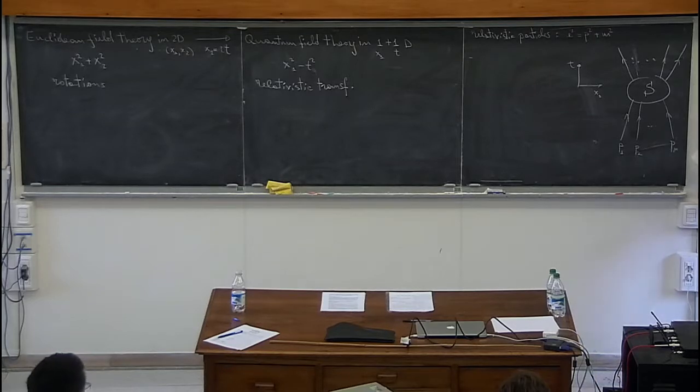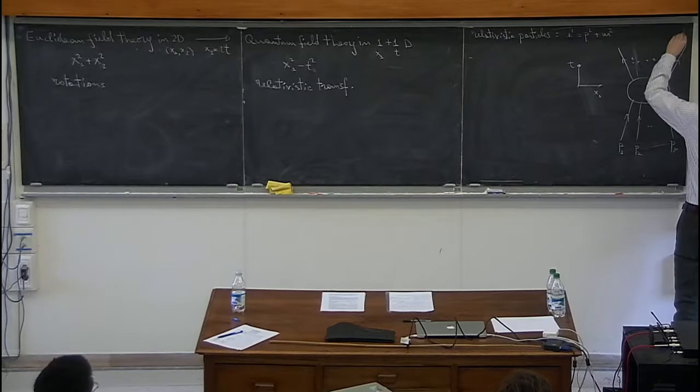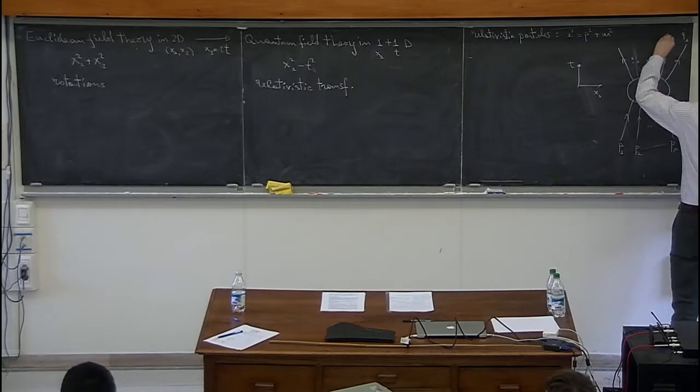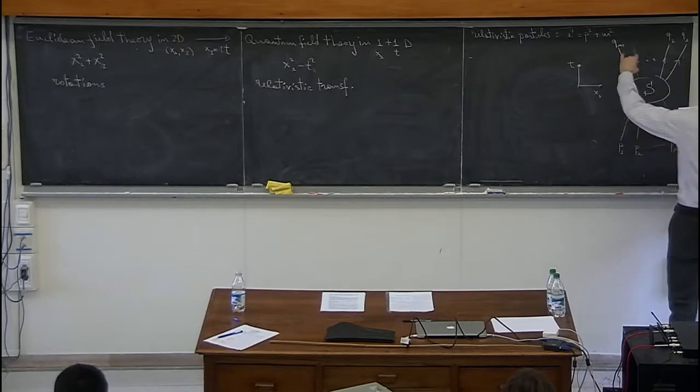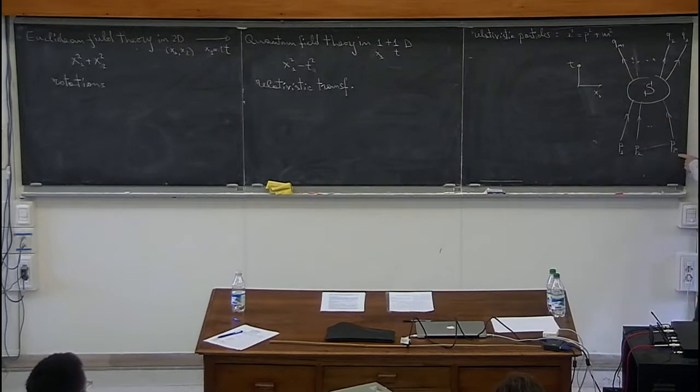But of course, in relativistic theories, one thing that doesn't need to be conserved is the number of particles. You can have the same total energy in the final state, but realized with a different number of particles and different momenta in general. So I will call them q1, q2, up to qm. So this m in general is different from this n.